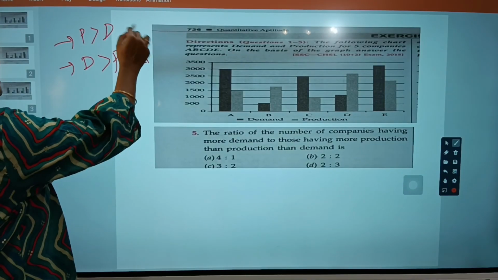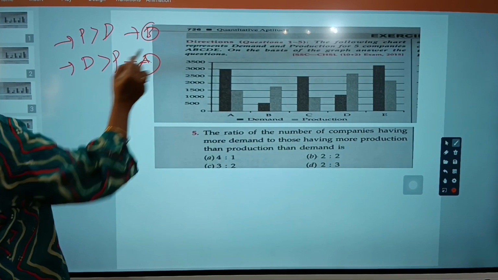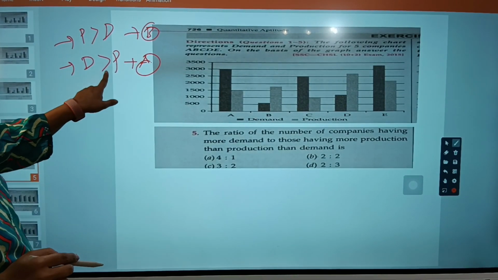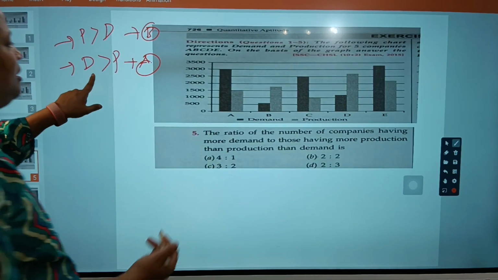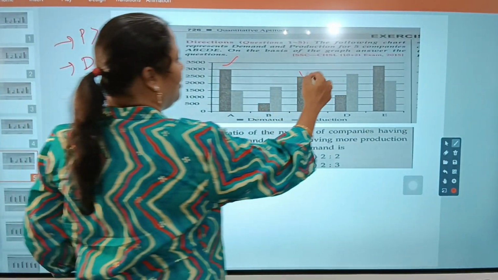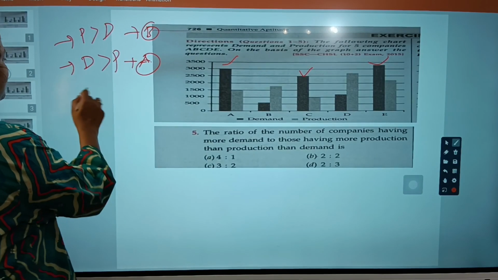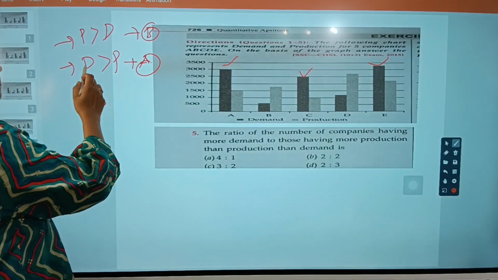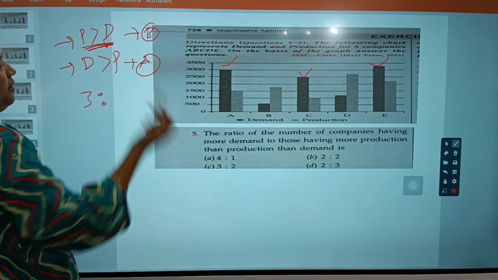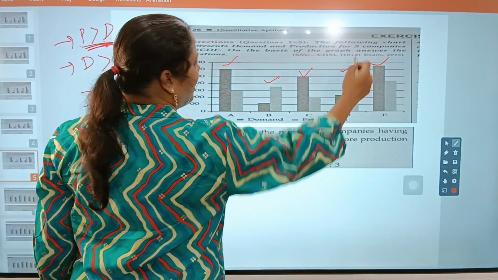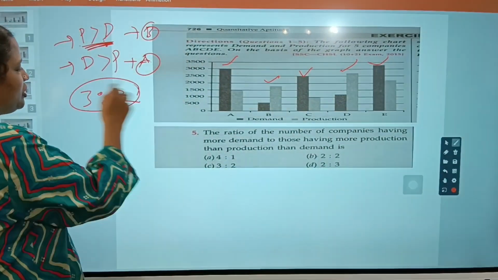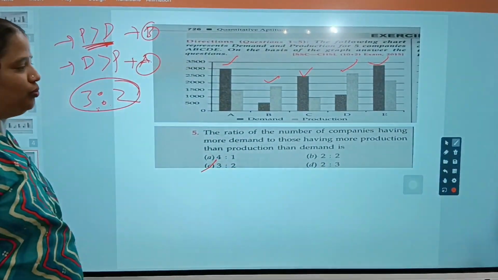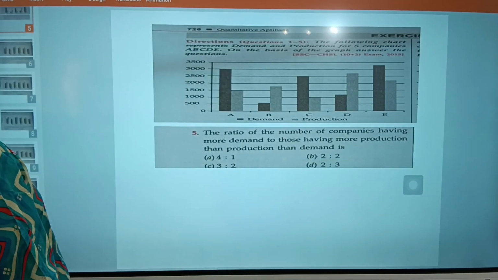This is A, this is B. So how many companies are having demand more than production? 1, 2, 3. So it is 3 is to how many companies having production greater than demand? A, 1, 2. Okay. So the ratio is 3 is to 2. So the 5 questions in the first graph are over.